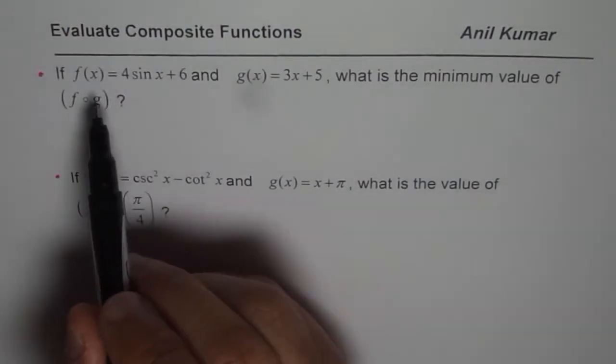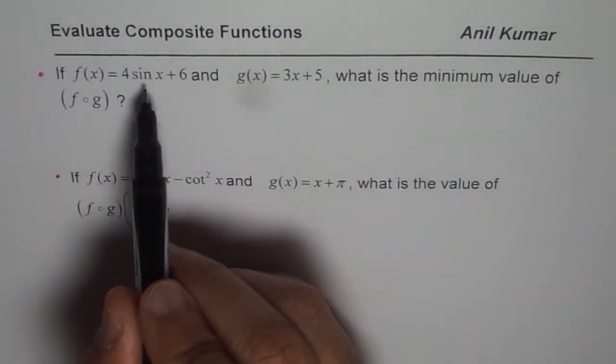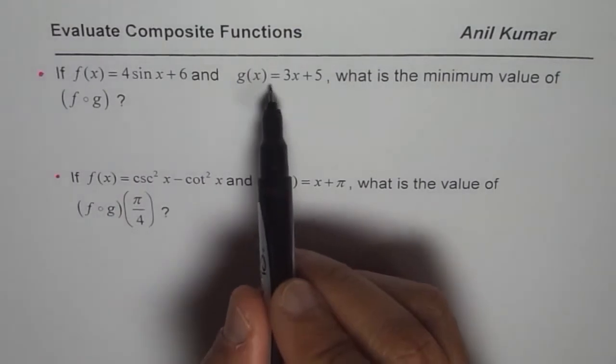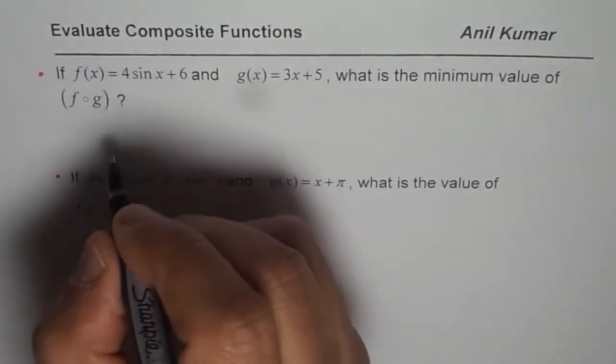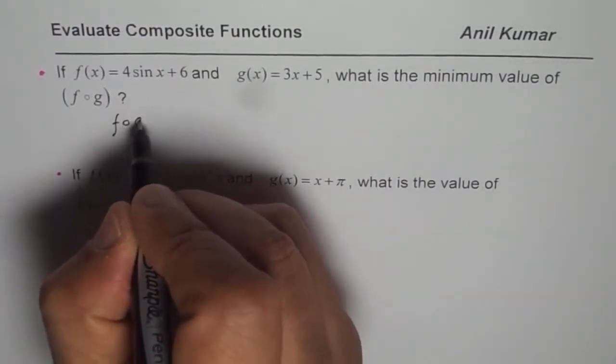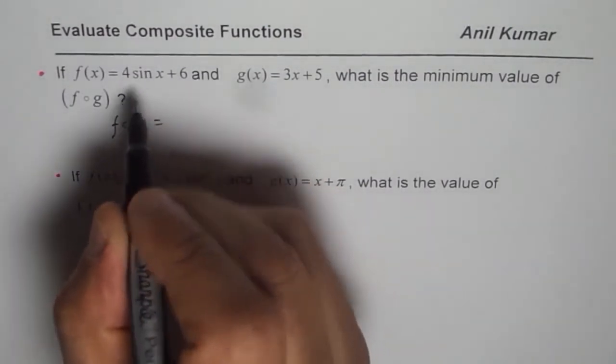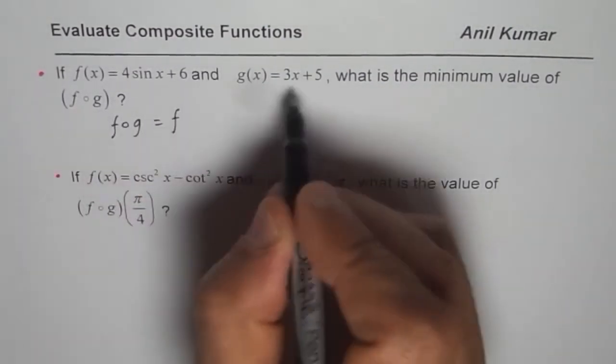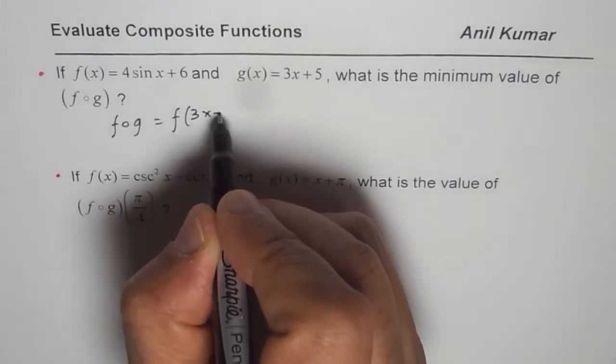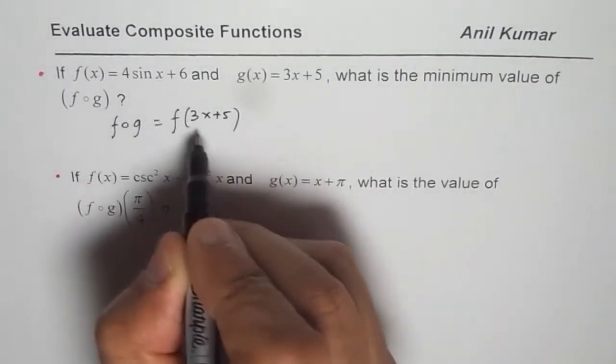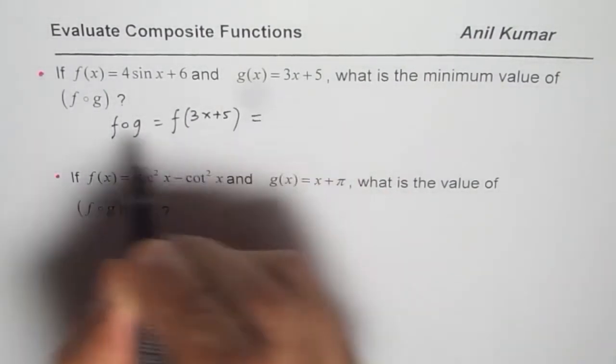Now it says f of x equals 4 sine x plus 6 and g of x is 3x plus 5. So when I write f of g, basically it is f of 3x plus 5, correct? So I'll replace x with 3x plus 5 in f of x.